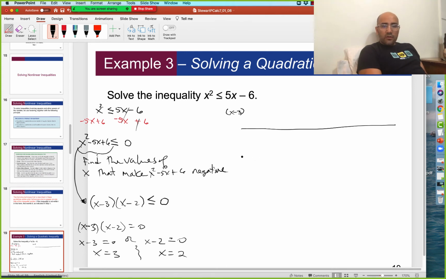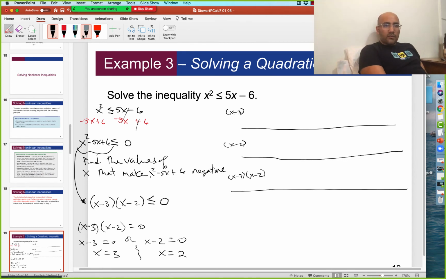We're going to need another number line for x minus 2. And then finally, we're going to need another number line for the multiplication of the 2, x minus 3 times x minus 2. Okay? All right, now these number lines are stacked right on top of each other. So the 0 is there, the 0 is there, the 0 is there.